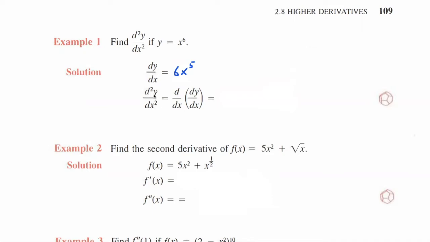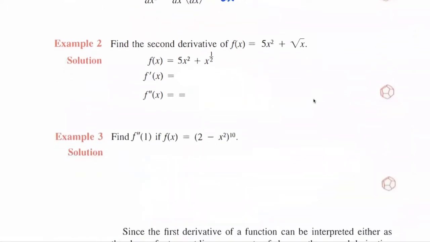The second derivative of y with respect to x is d/dx of that first derivative. So really we're taking d/dx of 6x to the 5. Treating this as a function and taking the derivative, we have a constant 6, but it's going to be multiplied by this 5, because by the power rule the exponent comes down. So 5 times 6 is 30, and we have x, and of course the exponent is brought down by 1. So we have 30x to the 4.